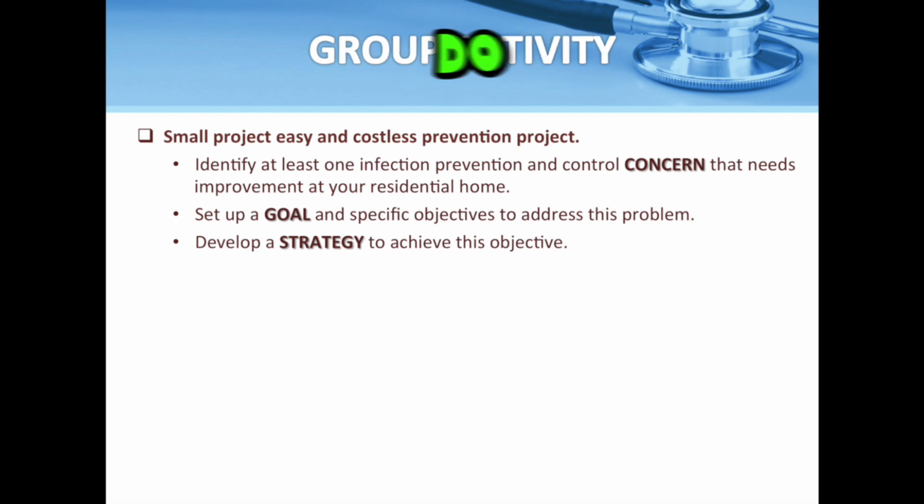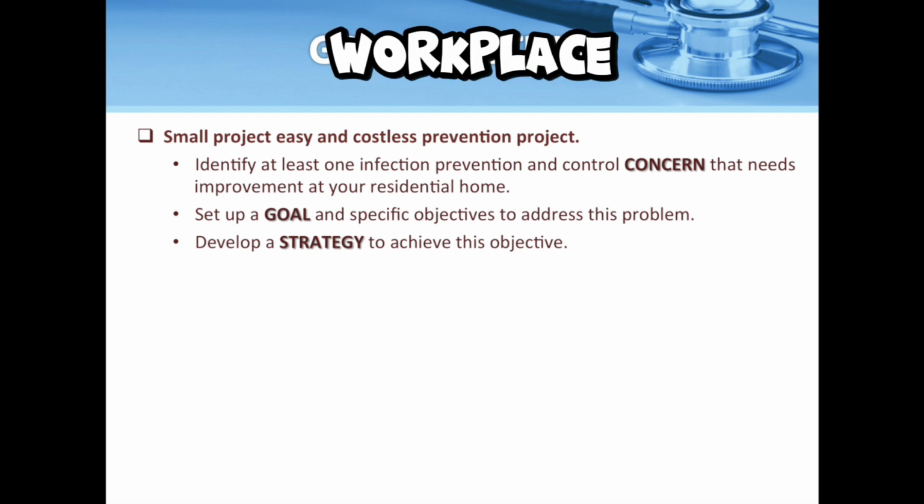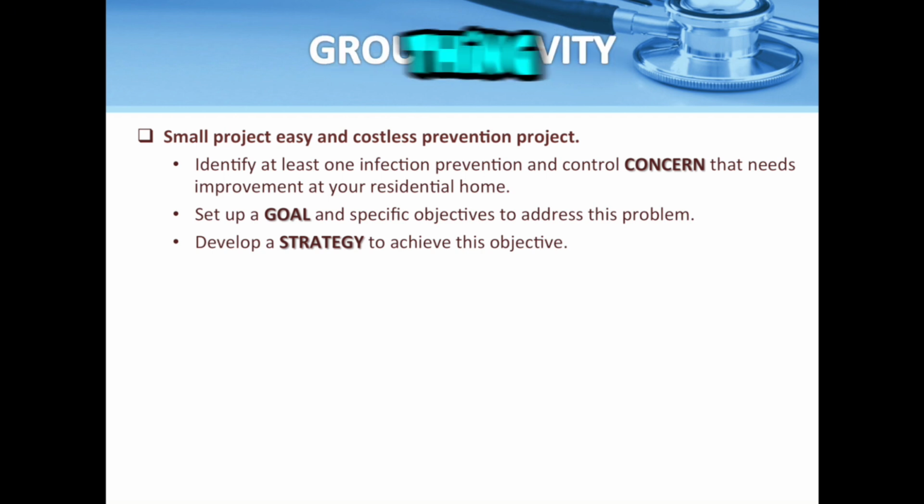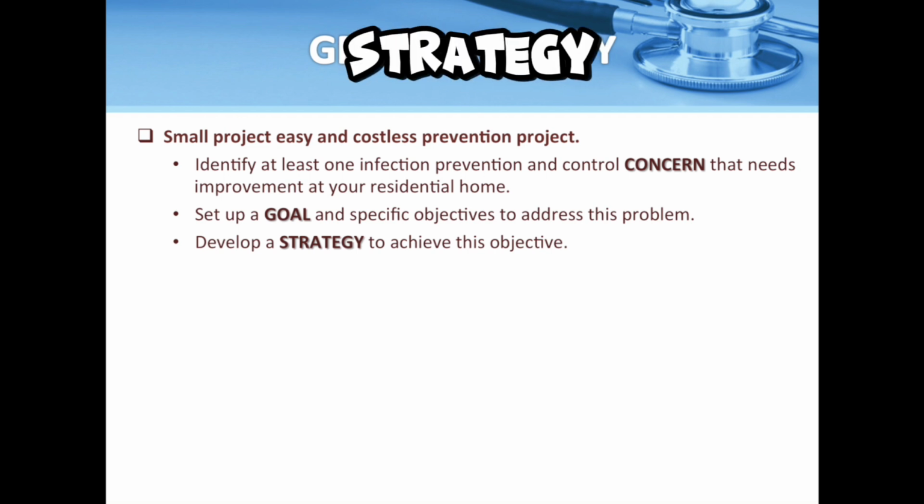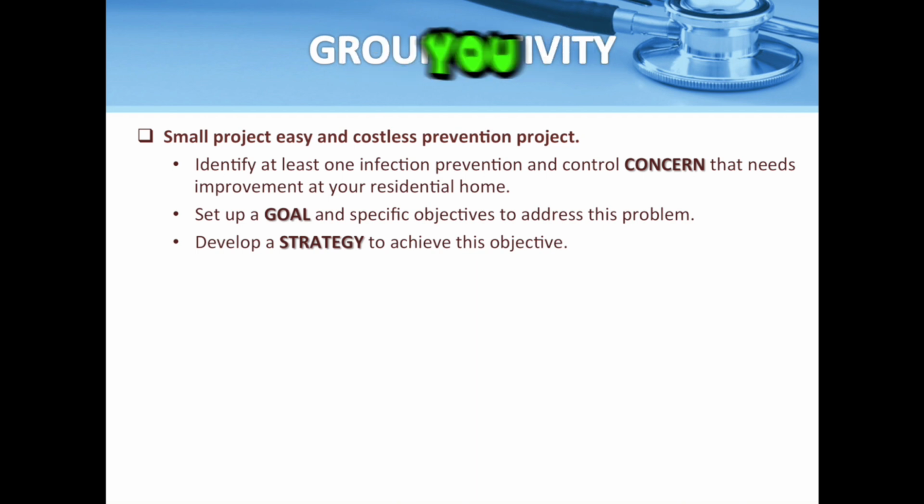The first thing I want you to do is to think back about your workplace. Think hard about that one thing that you haven't been doing right, or that one thing that you think has not been done that you want to change or that you plan to do. Turn that into a goal. Like you can say, I want to wear my gloves when I do A, B, C. That will be stuck in your mind, and if you develop a strategy to follow that, then whenever you get to that A, B, C, you will remember to wear gloves.